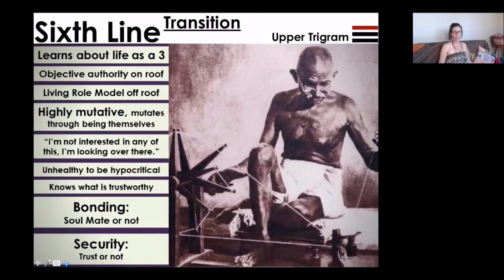Anyone who's a 6 and doesn't actually have a 3 in their profile isn't built as well to withstand the bumps and bruises of that chaos. And so they can get a little beaten up by the first 30 years of their life and need to heal. So the second phase is about healing. They get some time to breathe and detach from life a little bit.